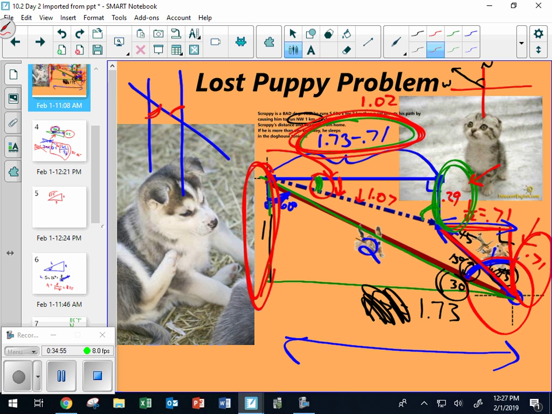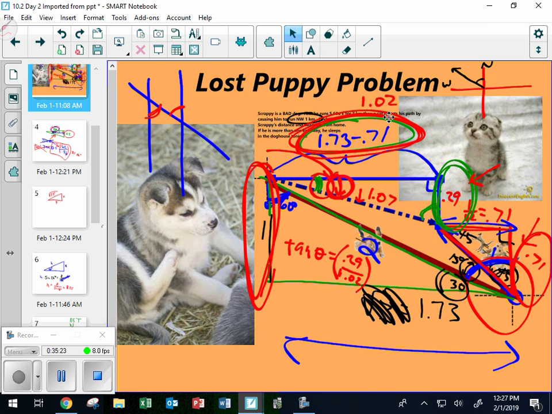Okay? So for this angle, I personally am going to use my original numbers because they're not rounded. And I'll do tangent. I'll say tangent of that angle would be 0.29 over 1.02. And then I'll do inverse tan of this, and that'll tell me that angle. Could somebody tell me what you got for this little angle right here?